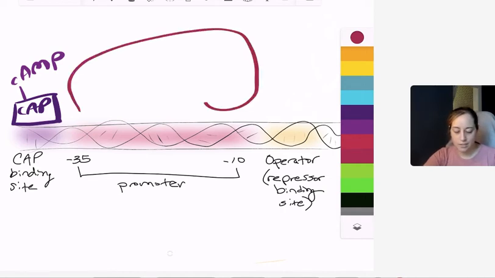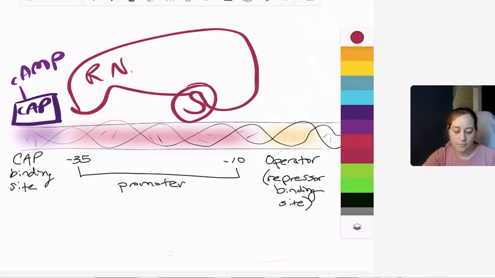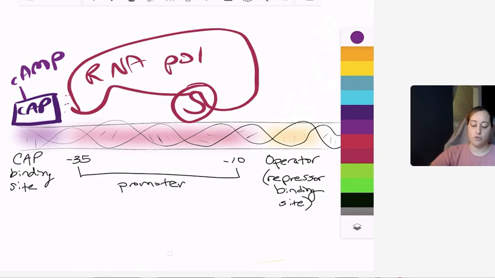This is right next to our RNA polymerase. And what this complex does is it actually just lends a helping hand to the RNA polymerase. It stabilizes it. It helps it to bind this section of DNA more tightly so that the RNA polymerase can better prepare to be transcribing.